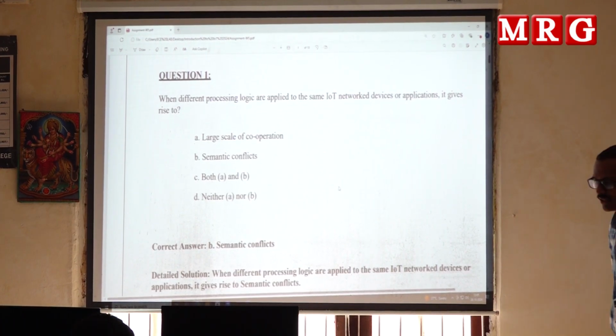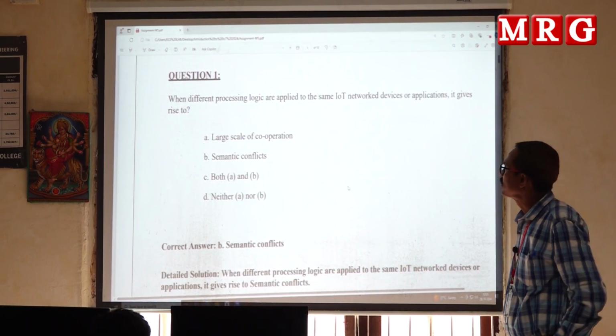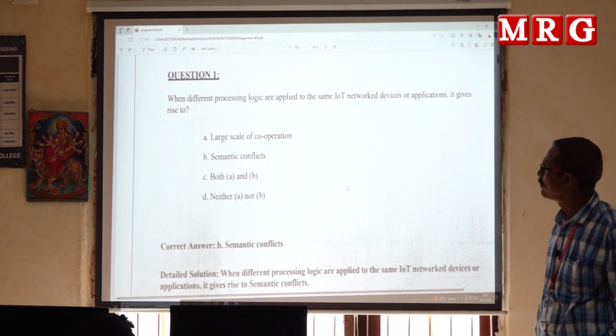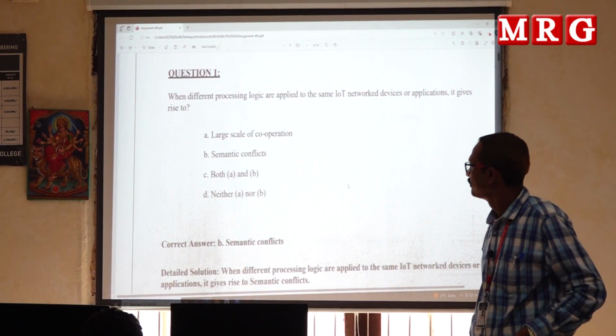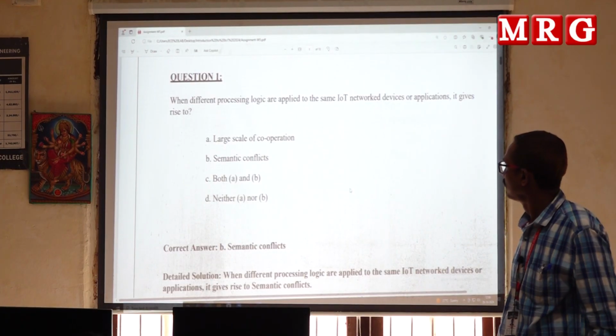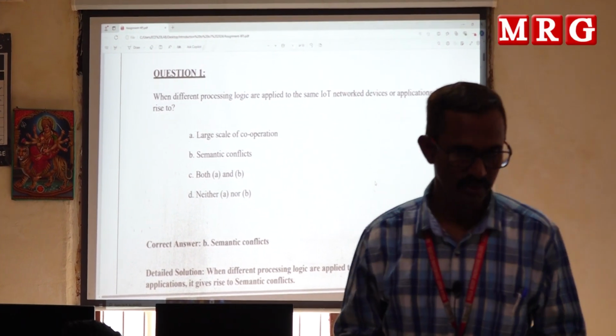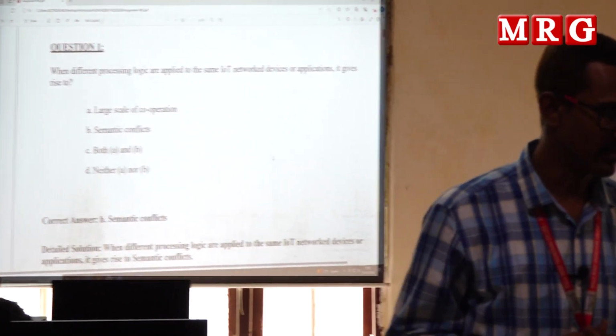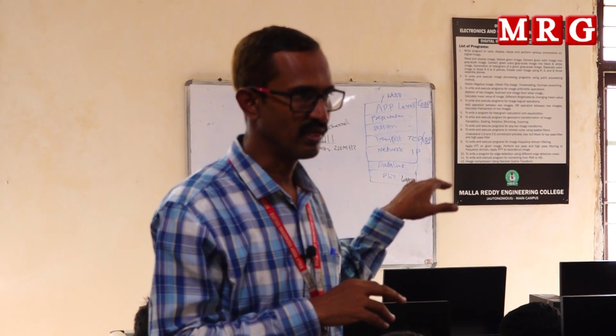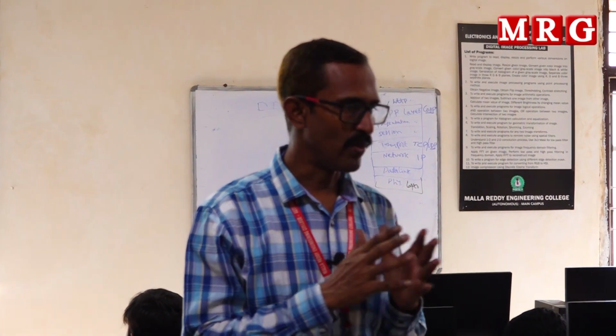When different processing logic is applied to the same IoT network devices or applications, it gives rise to what problem? When you are developing the layers for this IoT architecture, because every IoT network has some predefined set of layers, we need to write the programs for all of this.